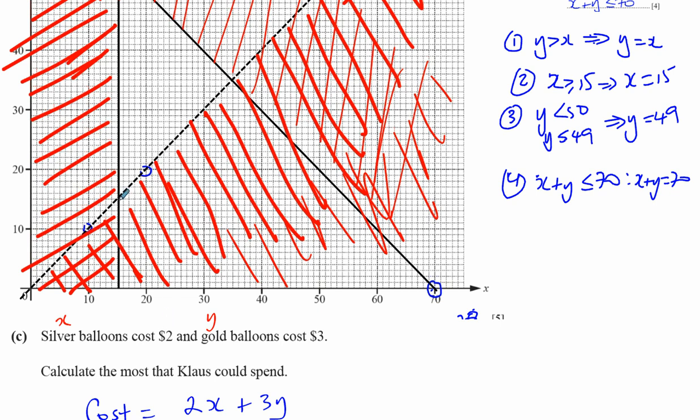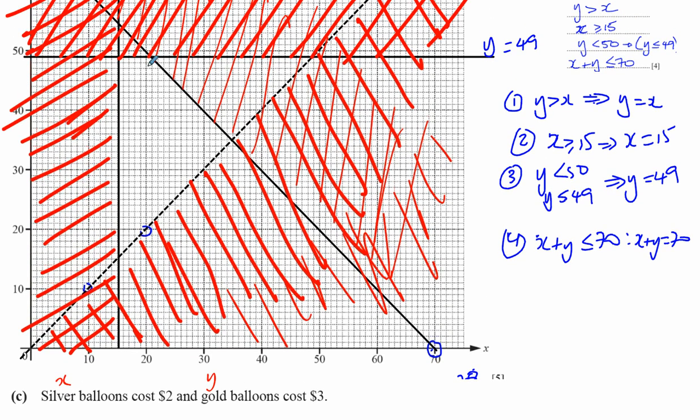If I was to choose this point, that's obviously going to be a minimum point, one of the lowest values, because the number of gold and silver balloons is very low here compared to there. That point in this region is going to give me a higher value than a point in that region. Similarly, a point in this region is going to give me a higher value than a point in that region. So these 2 points here are the smaller points, and these 2 points over here will be the maximum points.